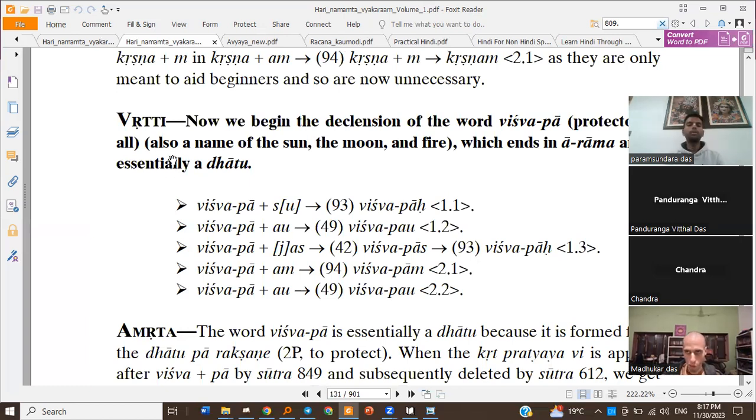It's also protector of all. It's also the name of sun, moon, fire. So Vishwapa plus Su, we combine them in Sararamayur 93, Vishwapa, then Odvay Au, Vishwapau.